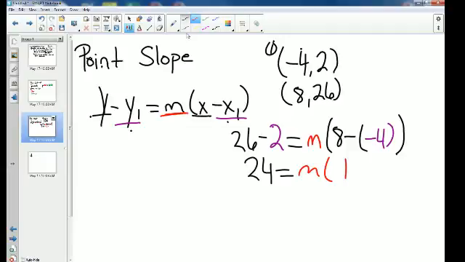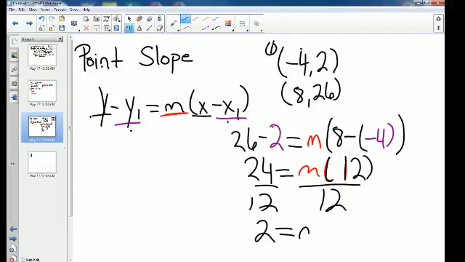Now you just solve for your slope here. You'll divide by 12 to isolate m, just basic algebra. 24 divided by 12 is 2, so 2 is equal to m.